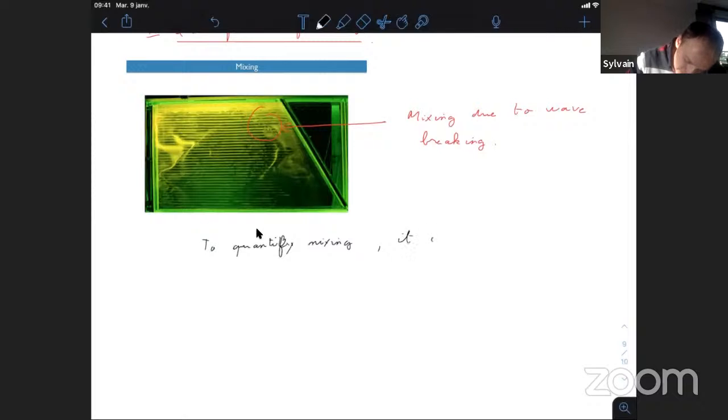It is important to measure rho prime and V, so the perturbed density field and the velocity field at the same location and at the same time.